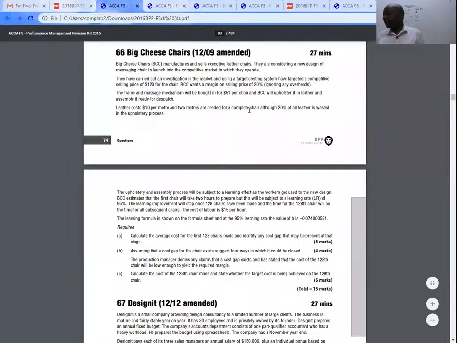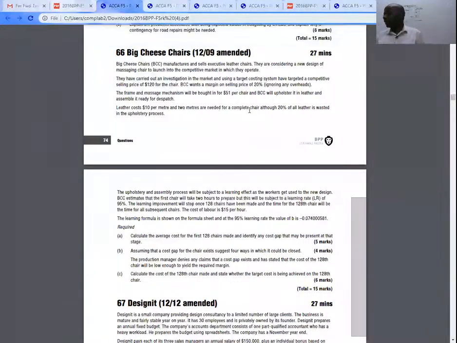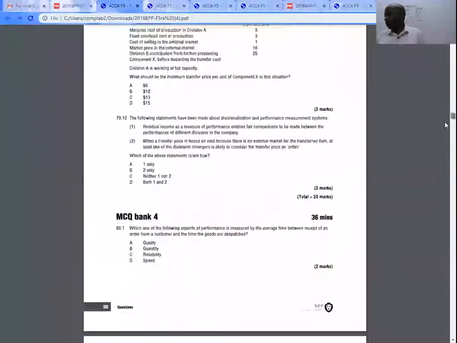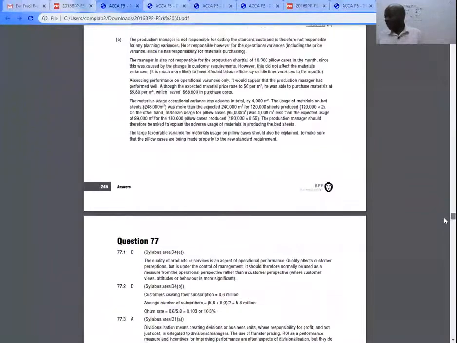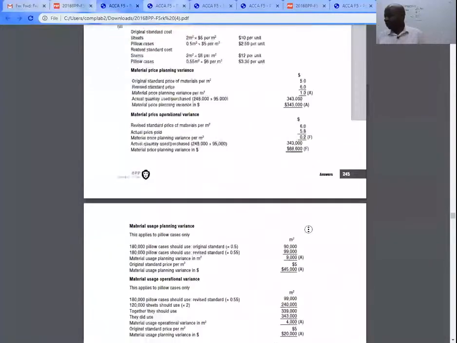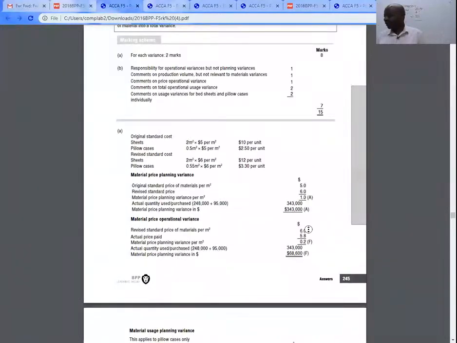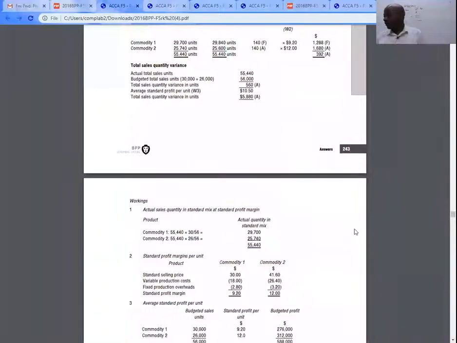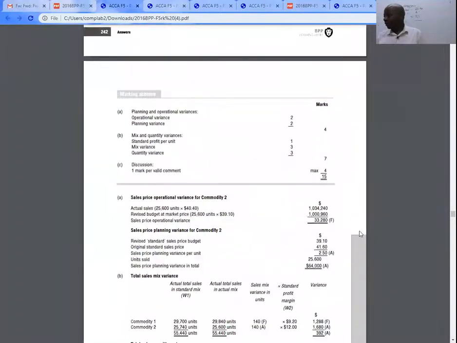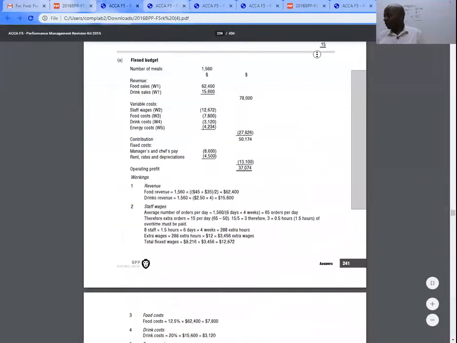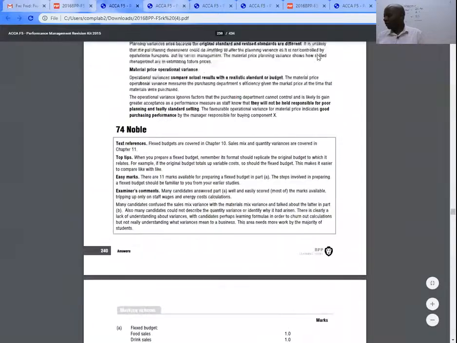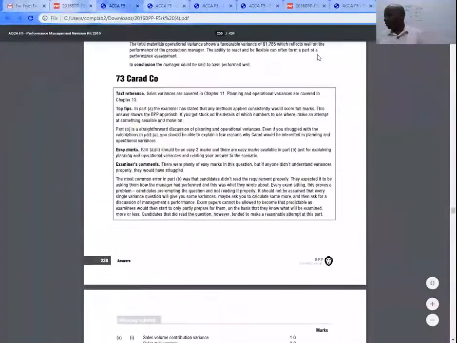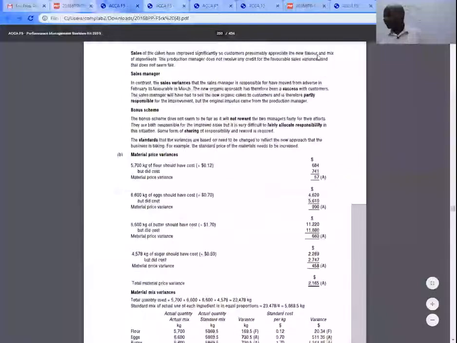And ladies and gentlemen, this book is so great. We have answers given down here. What you need to do is to scroll in your computer. You go to question number 66.